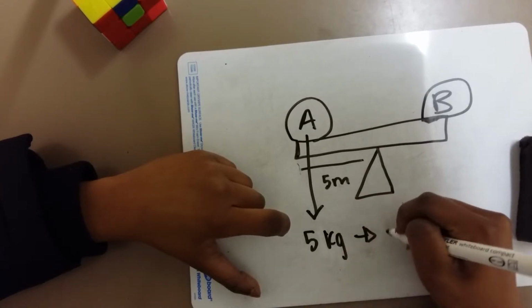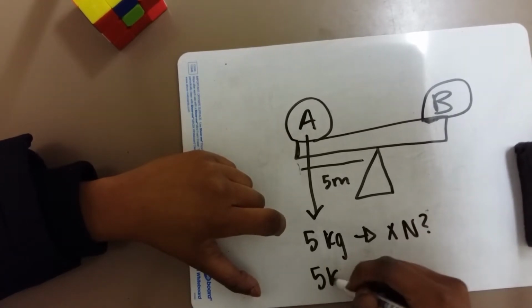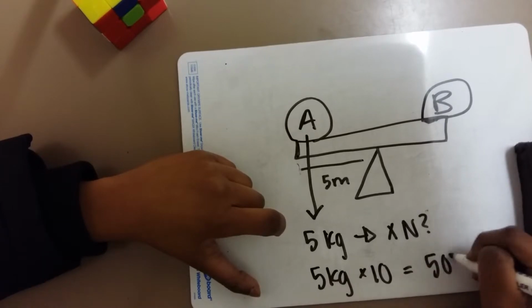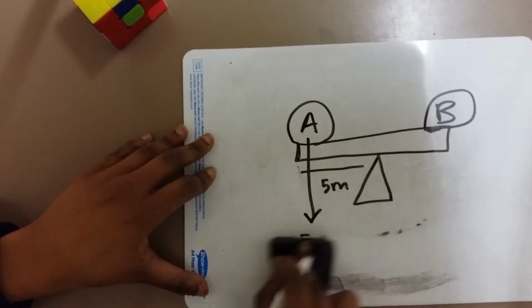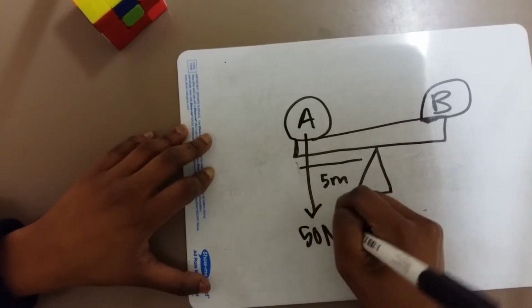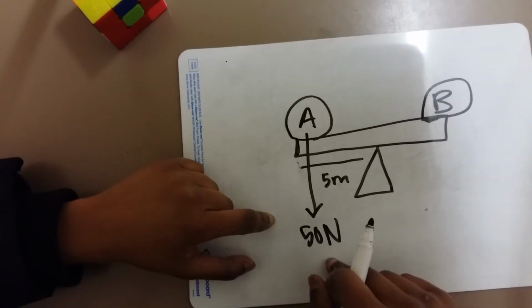We would multiply this by 10, because that's the gravity on Earth, so equal 50 newtons. Good spot. Make sure it's in newtons.